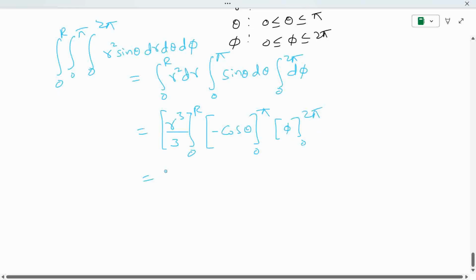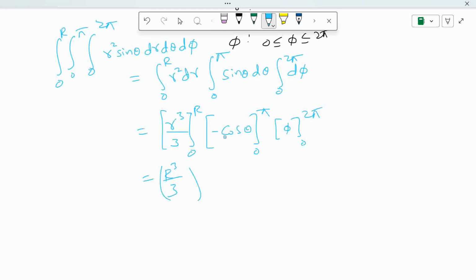Now by applying this r cube by 3, for this we have minus cos theta, so I'm just taking minus 1 outside. Then calculating here cos pi, which is minus 1, minus cos 0 is again 1, and phi is 2 pi minus 0.